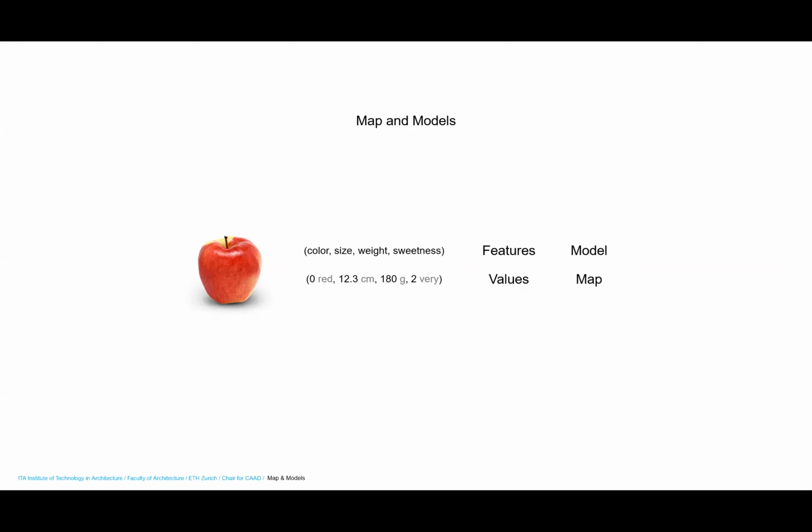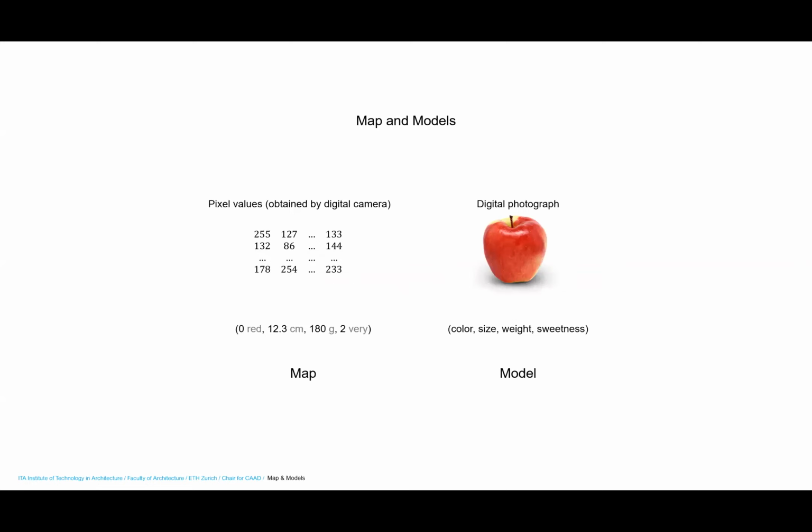Conceptually, these features are an abstraction on top of these objects, and these numbers are the results that we get using certain methods, for example how to measure the color, or how to measure the weight. With different apples, we have the same features with different values, which means we get a map of objects. Also, these images here are a model, corresponding to pixel values, which is a map, and this map is obtained by a digital camera, for example.